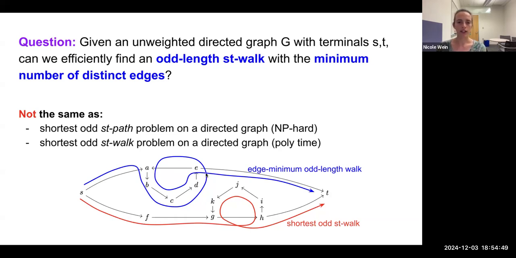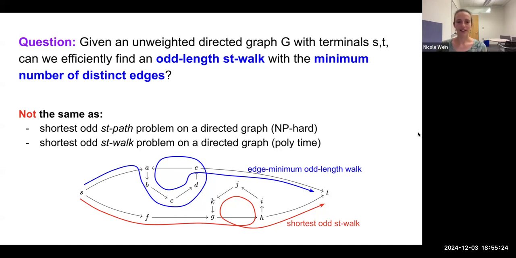Even though the walk itself does more edge traversals, 1, 2, 3, 4, 5, 6, 7, 8, 9, 10, 11, which is longer than the shortest one on the bottom, the total number of distinct edges that our top blue walk uses is smaller. It only uses 7 distinct edges instead of the bottom one, which uses 8 distinct edges.